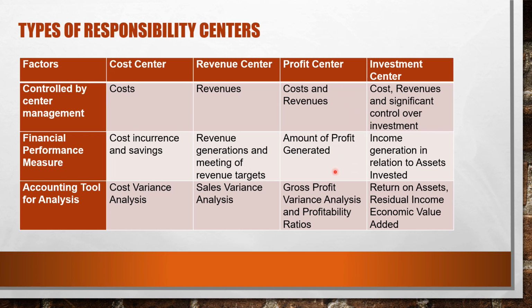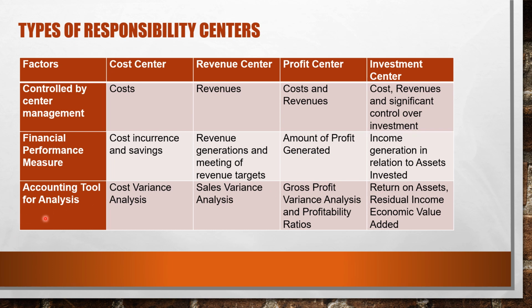For the profit center, the manager is evaluated by the amount of profit he or she generated, and for the investment center, the manager's performance is evaluated through the income generated in relation to assets invested.